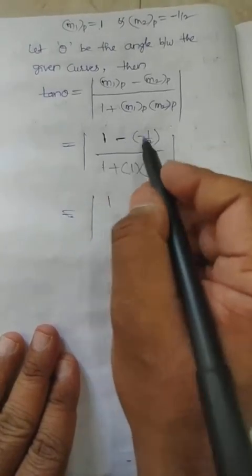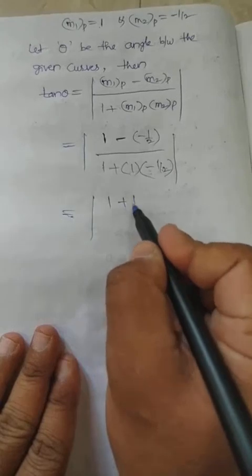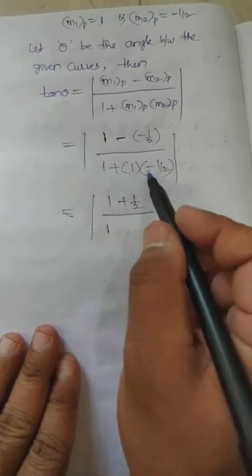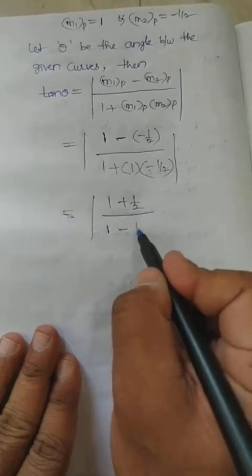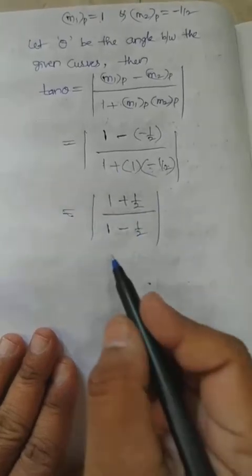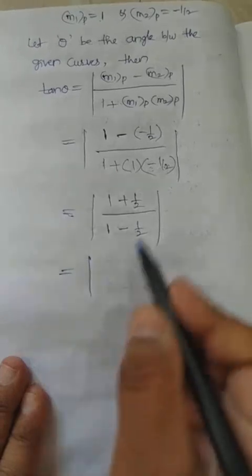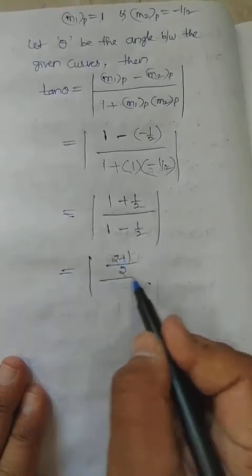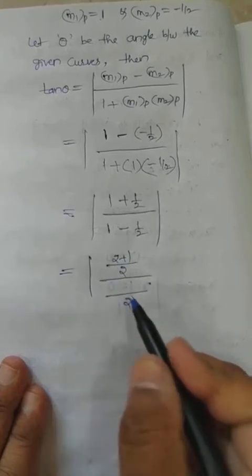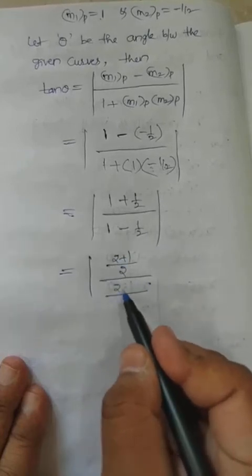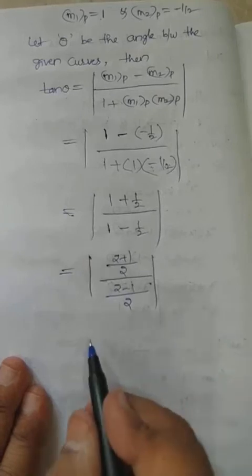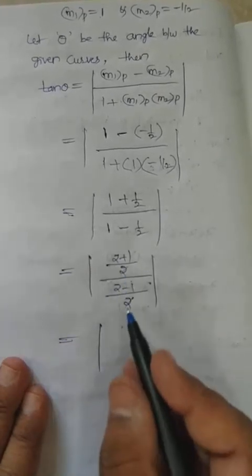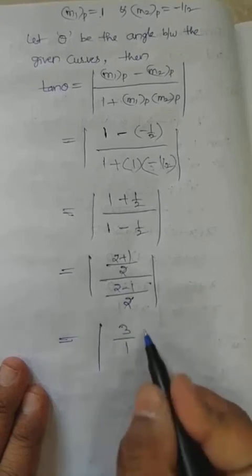Minus into minus becomes plus, so 1 plus 1 by 2, divided by 1 plus into minus, minus 1 into half. Taking 2 as the LCM, 2 plus 1 in the numerator, and in the denominator also 2 is the LCM, 2 minus 1. So it is 3, the 2 gets cancelled, 3 by 1.